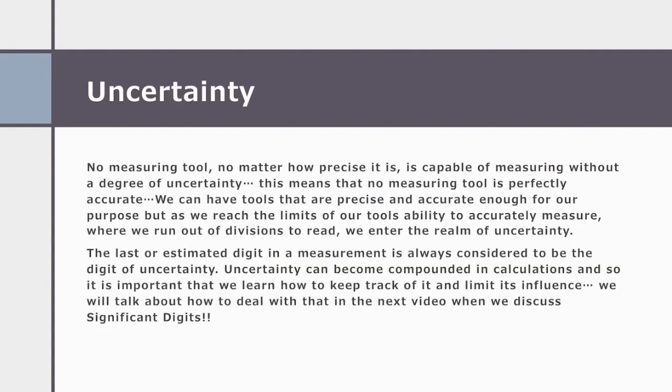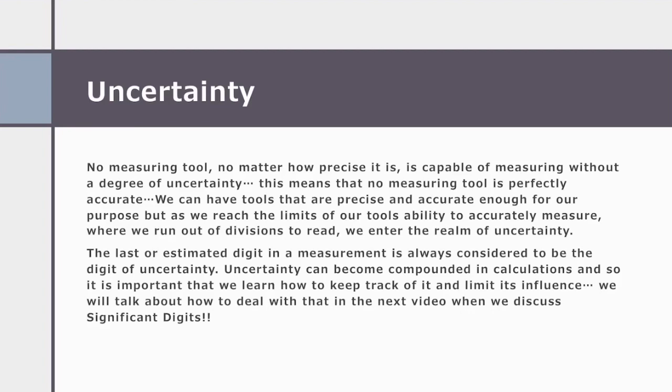No measuring tool, no matter how precise, is capable of measuring without a degree of uncertainty. This means that no measuring tool is perfectly accurate. We can have tools that are precise and accurate enough for our purposes, but as we reach the limits of that tool's ability to accurately measure, we run out of those divisions, then we enter that realm of uncertainty.